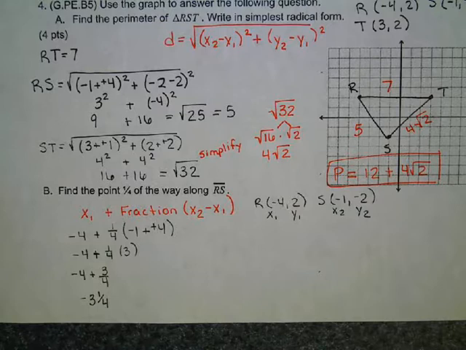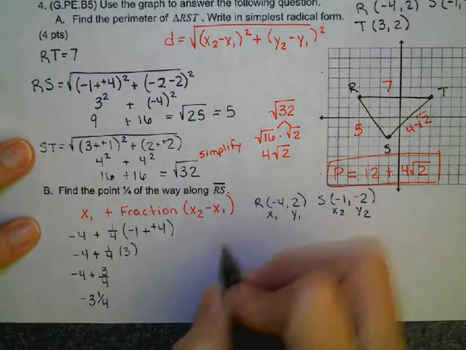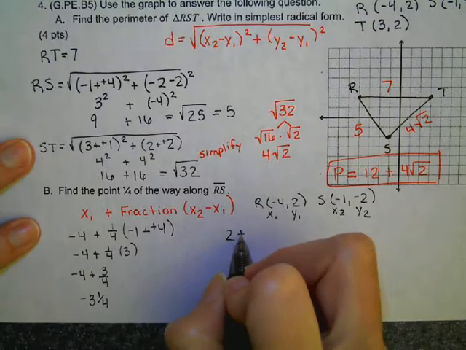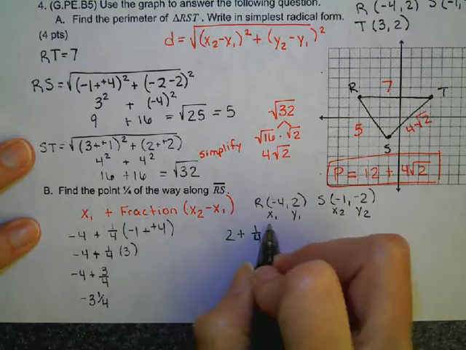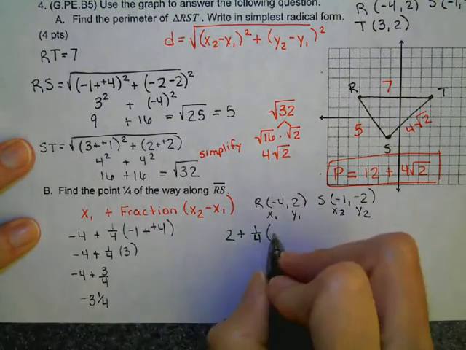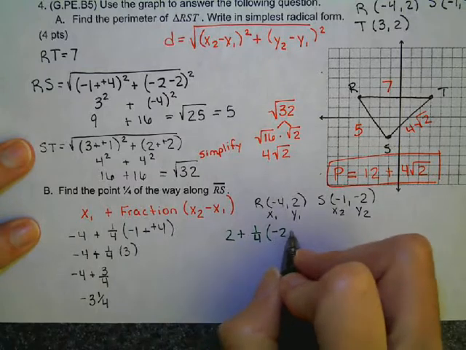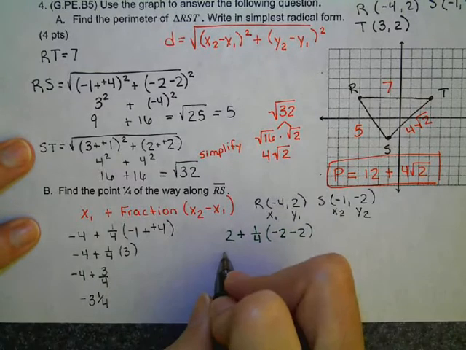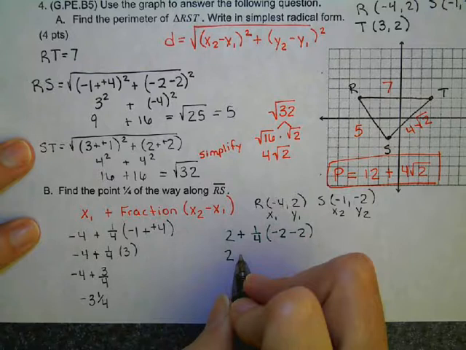Okay, now let's do the y values. Different color pen here. The y values would be, y1 would be 2 plus a fraction, 1/4, and then your y2 would be negative 2 minus 2.